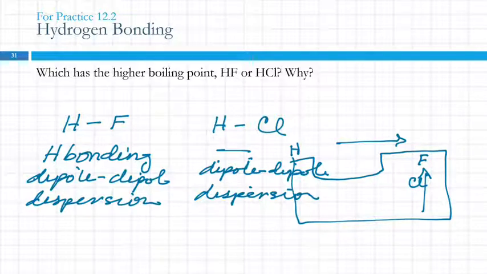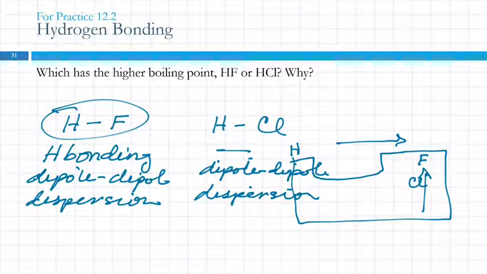If they're just stuck together a little bit, very weak Velcro, they're going to come apart at a much lower temperature. We have less energy required. So stronger attraction between them is higher boiling point. So the HF has higher boiling point because it has hydrogen bonding and the HCl does not. Does that make sense?